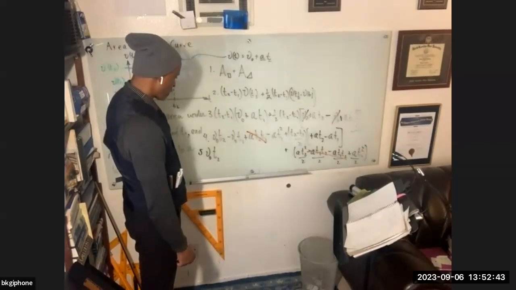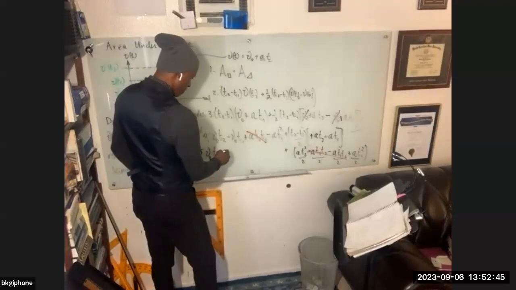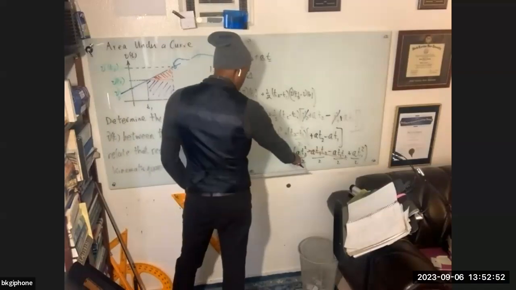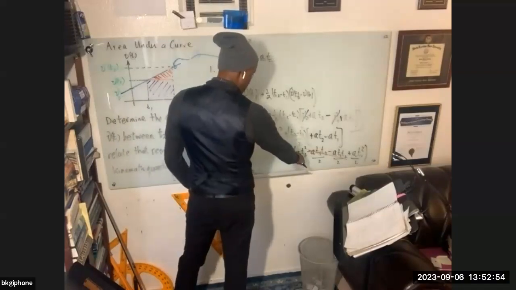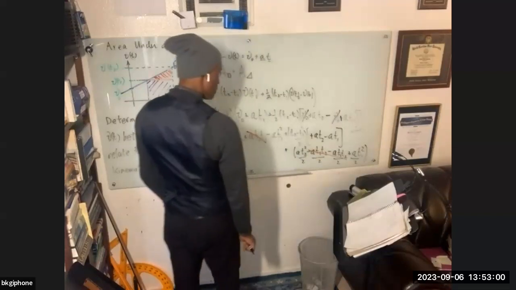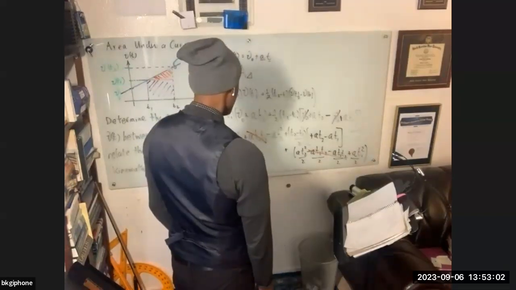And so I have a minus V naught T1, and here I have a times T2 squared. Yeah, I think I screwed this up.